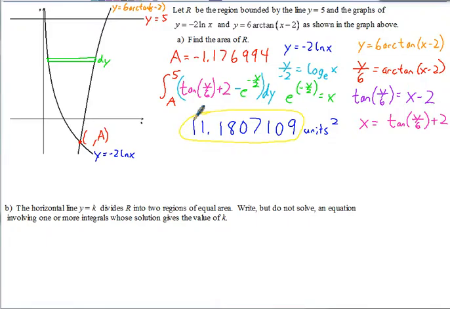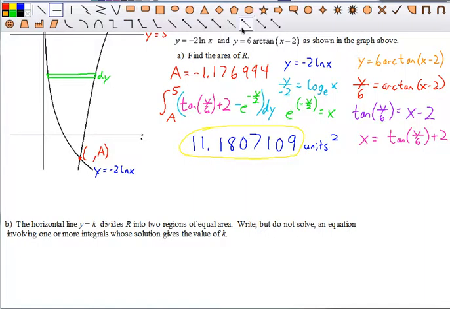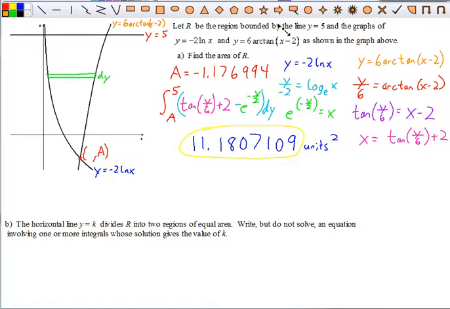Alright, so we've got some horizontal line now. It's dividing this into two regions of equal area, so I'll call this y equals k here.